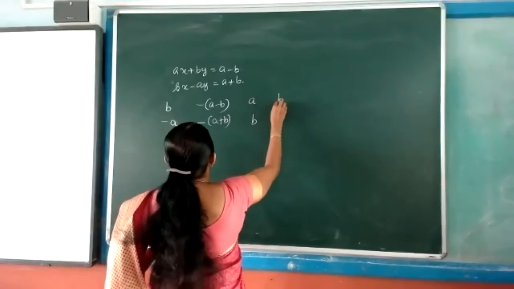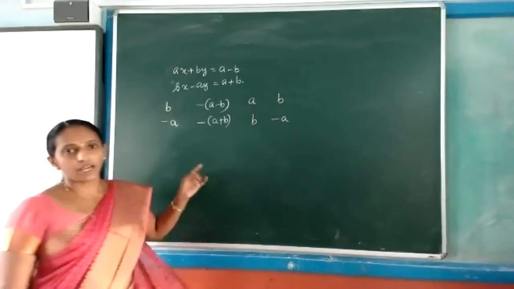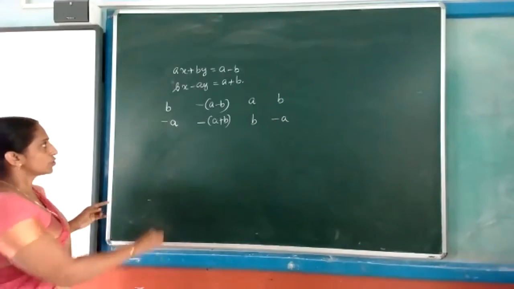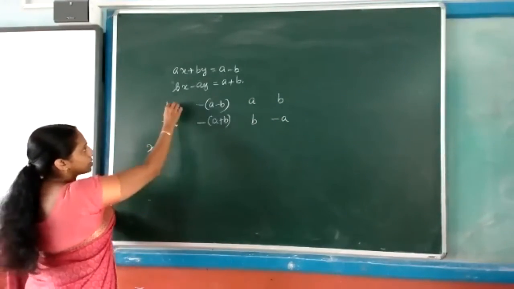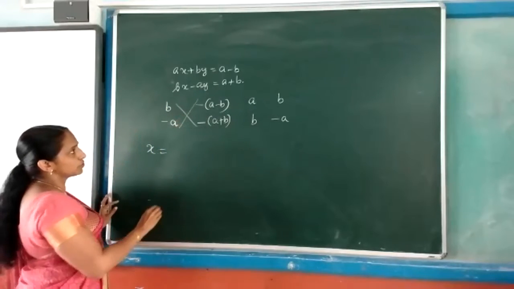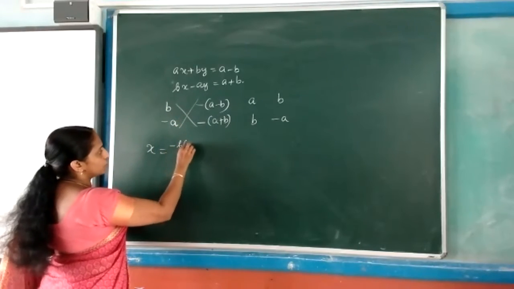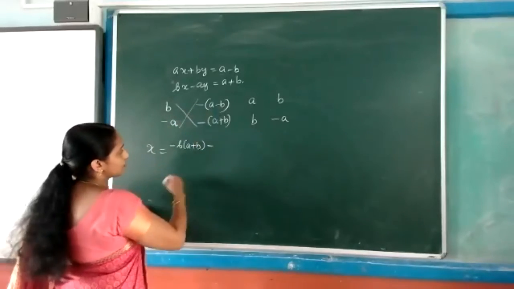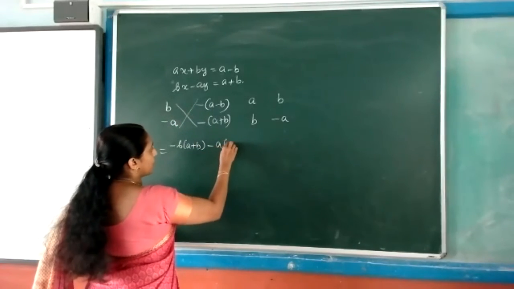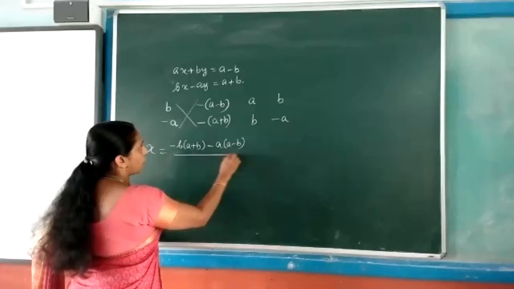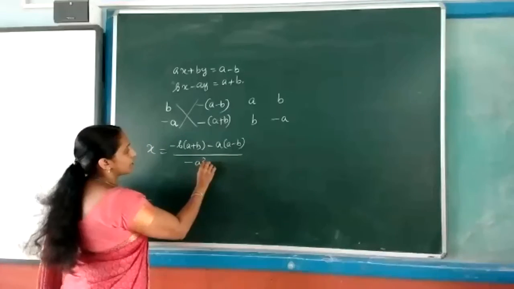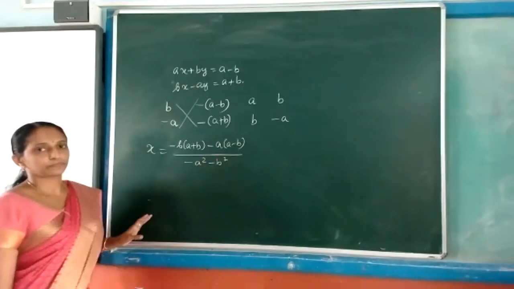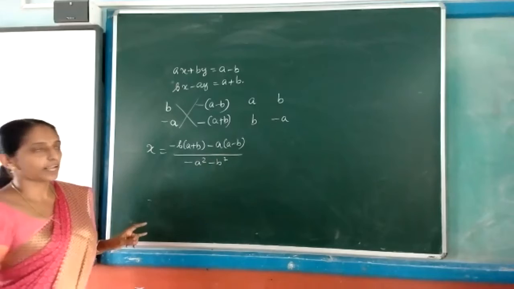Again b1, b2. We have written the coefficients, so your x value will be equal to the cross multiplication of these two, that is minus of b into (a plus b), minus, because minus minus will be plus, a into (a minus b), upon minus a square minus b square. Right?